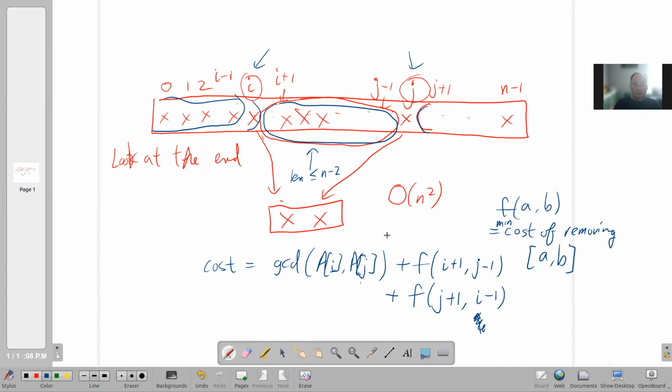So now, basically, if I know how to compute f of A and B, then I just try all possible i and j of this thing, and then I'm done.